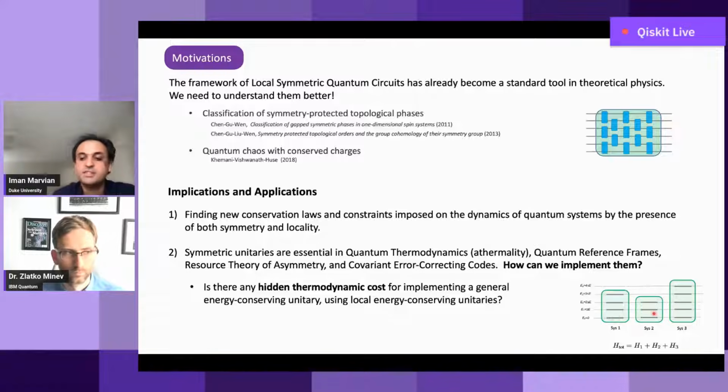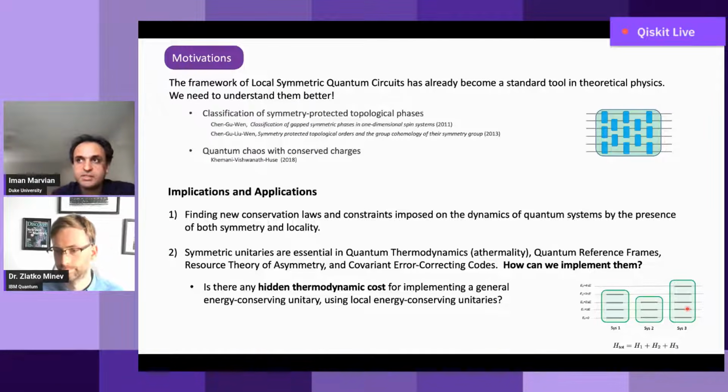Let's say you have 3 systems, for example, here, and each of them has its own intrinsic Hamiltonian. You should be able to redistribute the energy in the system just by a sequence of steps that couple pairs of systems together. So you don't need to really do something fancier than that.